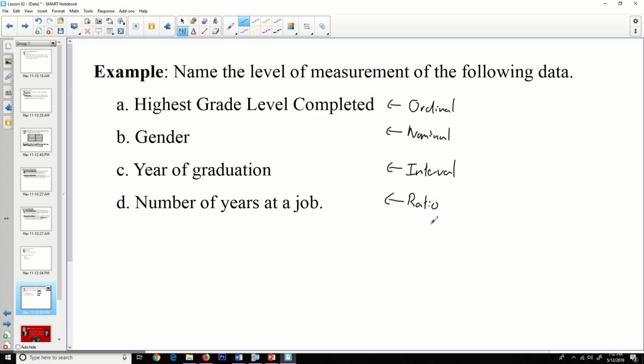That actually has a value of 0. And if you were to have 1 year at the job and your coworker has 5 years at a job, you can say that that person certainly has been there for 5 times as long as you have. So that one was a fairly short one. That's all I got for this particular lesson here.